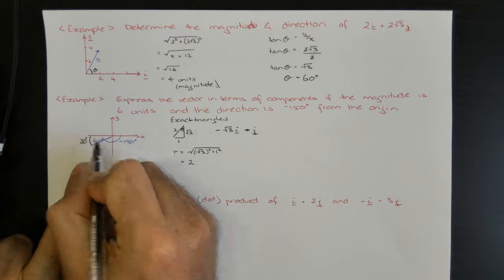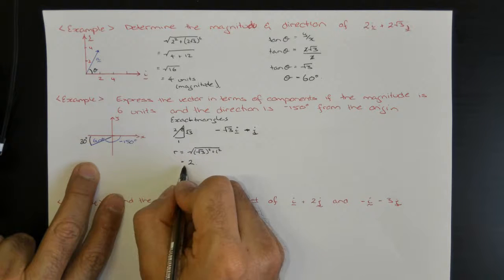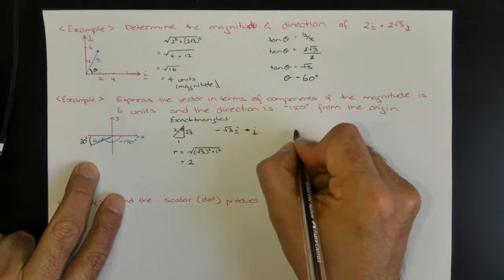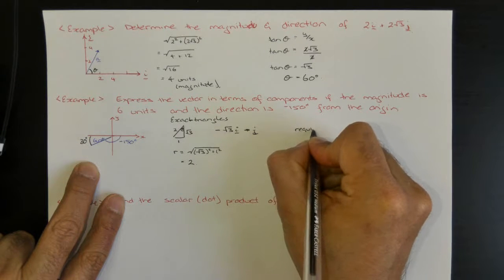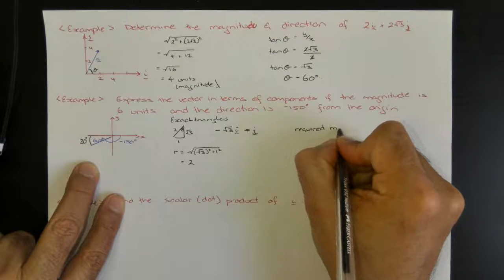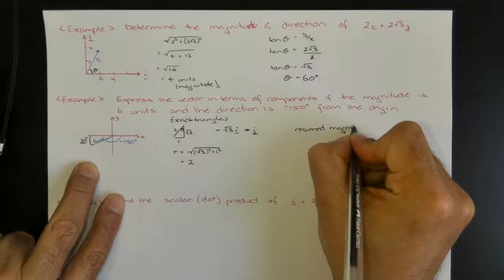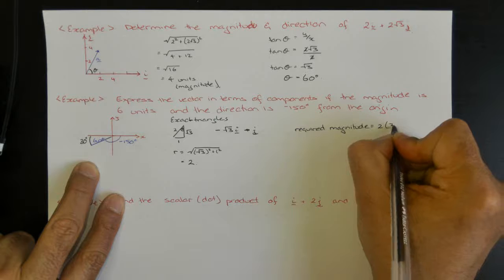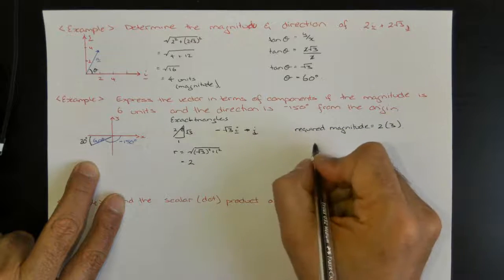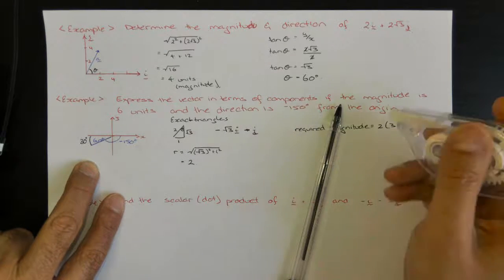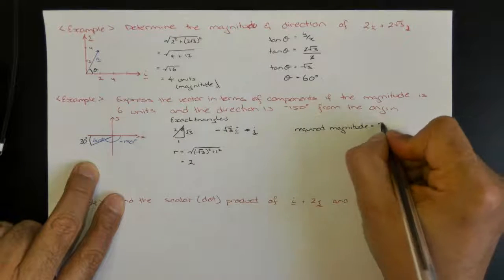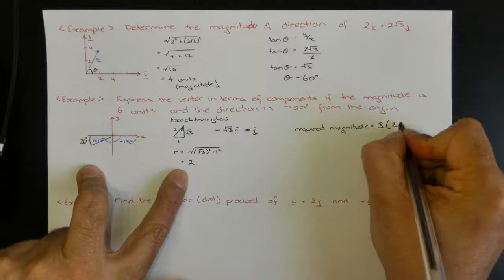Now we actually want a magnitude of 6, so what I need to do is multiply this whole vector by 3. Is 2 lots of 3. Let me make sure actually, 3 times the length. Yep.